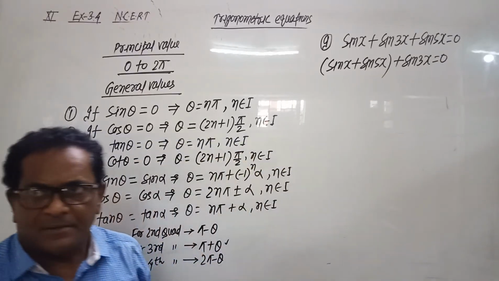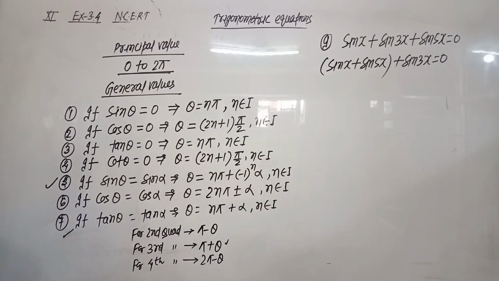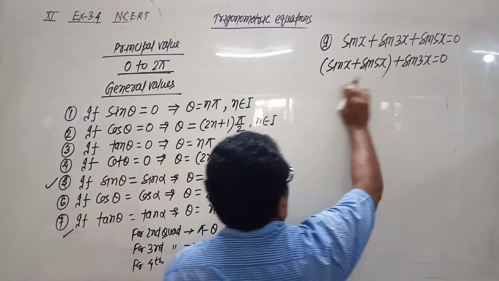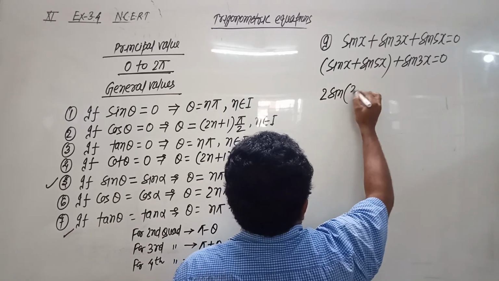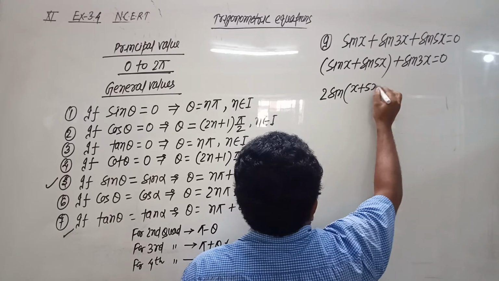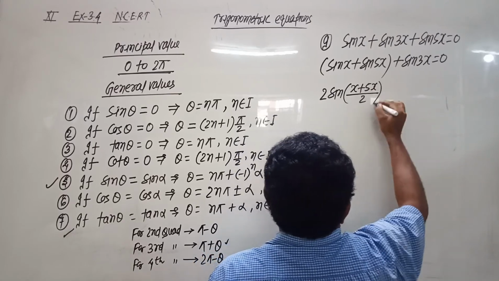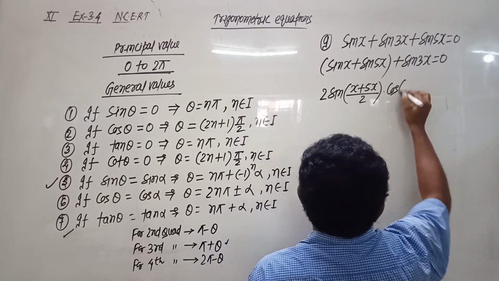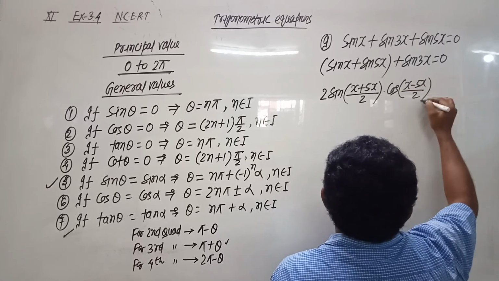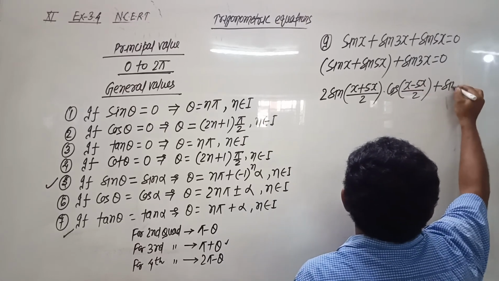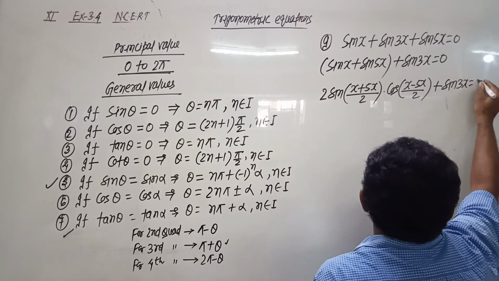First and last terms taken together, and then we use the formula for sin c plus sin d, which is 2 sin of (c plus d) by 2 into cos of (c minus d) by 2, plus sin 3x equals 0.